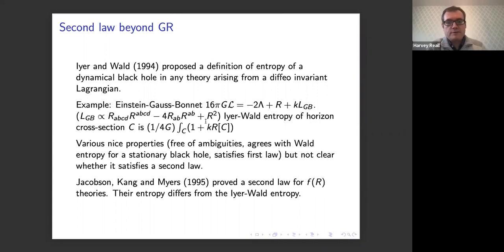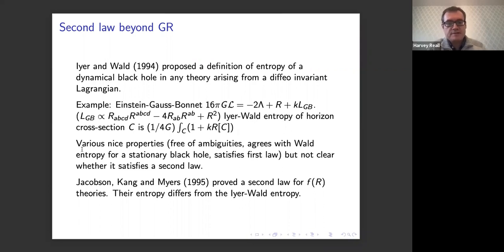So this is a particular 4 derivative term that you can add to the Einstein-Hilbert action. And for this theory, the Iyer-Wald entropy of a cross-section of the event horizon, C, is given by this formula here. It involves the intrinsic Ricci scalar of the horizon cross-section. So that's just an example of what it looks like for this theory.